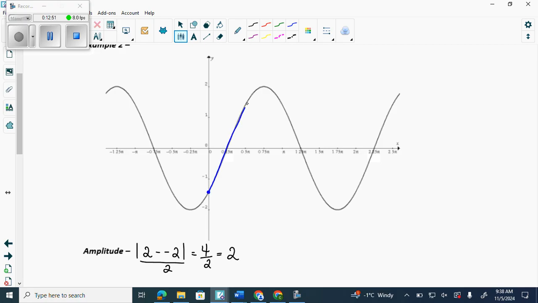So what some people do is they'll come here, and then they'll stop. And then they'll say, okay, it's going to repeat itself. Has it actually repeated itself yet? We went past a max, but we still have to go past a min, and then back up to here. If we went from 0.75 to 1.75, that's a max to a min.